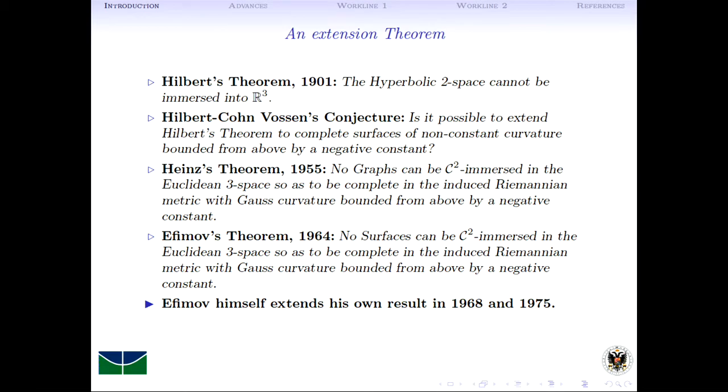Efimov himself tried to extend his own theorem again, and he reached a pair of results, one in 1968 and another in 1975. In 1968, he proved that his own theorem still remains true, weakening the hypothesis on the curvature function of the surface.